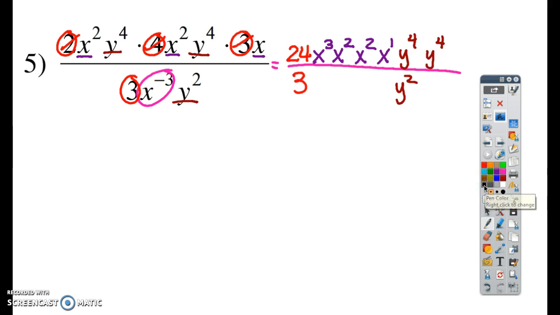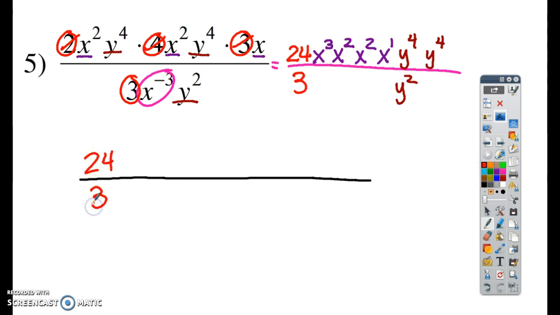Okay, so now that you know where everything goes, I would expand one more time and just write out all the x's. So I would just make a really big line and say that you have 24 on top, you have 3 on bottom, you have 3 x's, then you have another 2 x's, then you have another 2 x's, and 1 x.